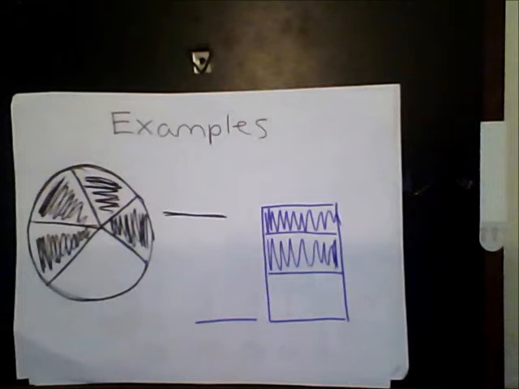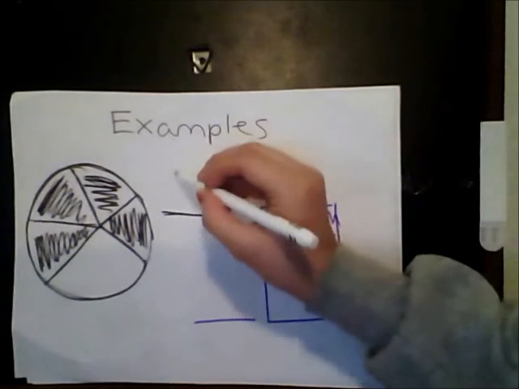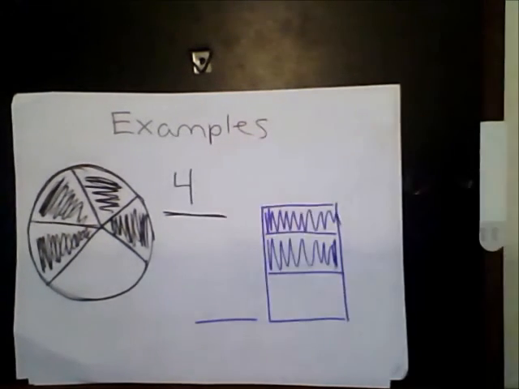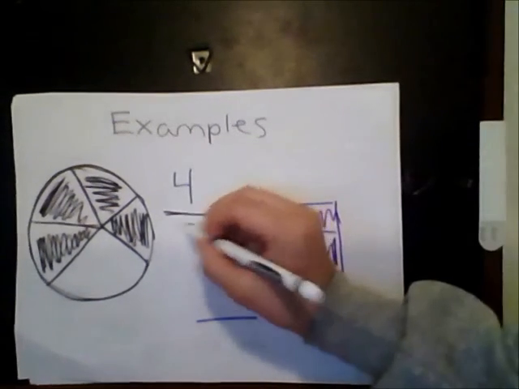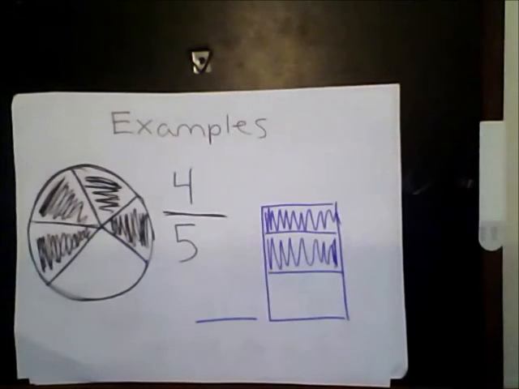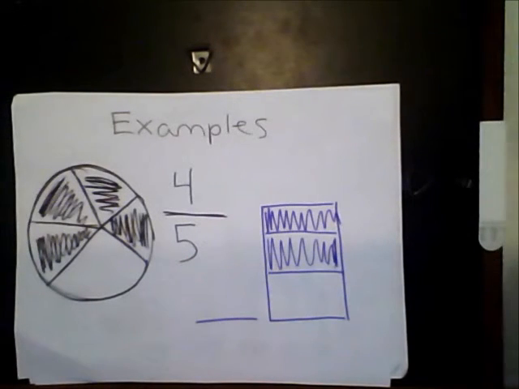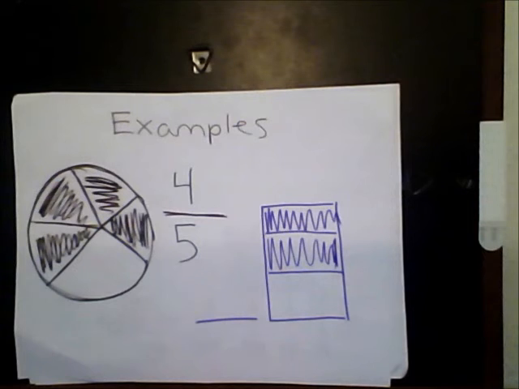So in this fraction, 4 is the numerator. The denominator is the number of equal parts in the whole item and is located below the fraction line. And in this fraction is 5, making this fraction 4/5. Let's look at one last example.